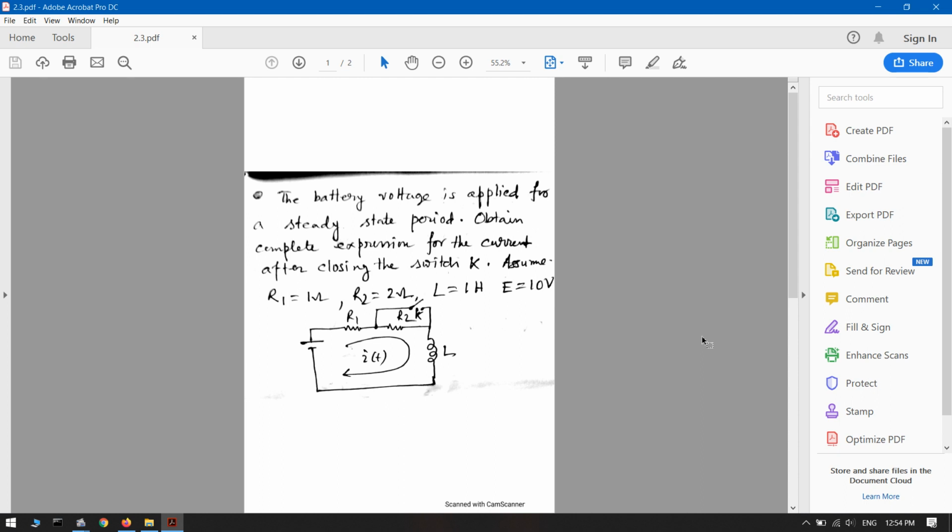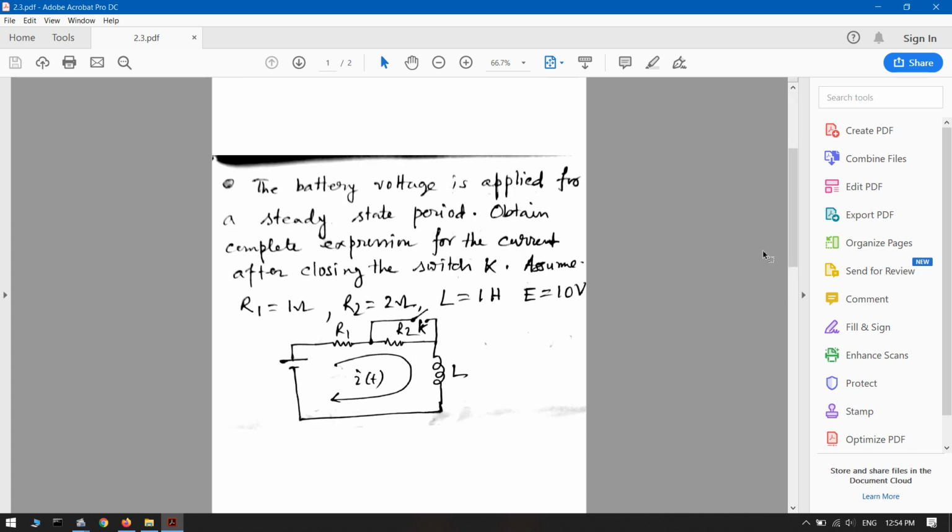Have you calculated? Ultimately, what expression are you getting? I of S equals 10 by S minus 6.67 by S plus 1, isn't it?